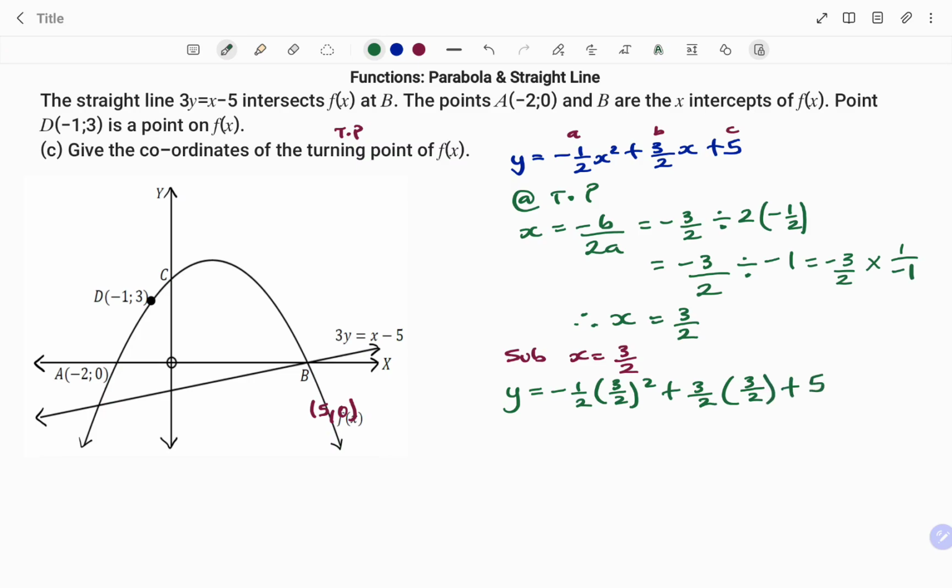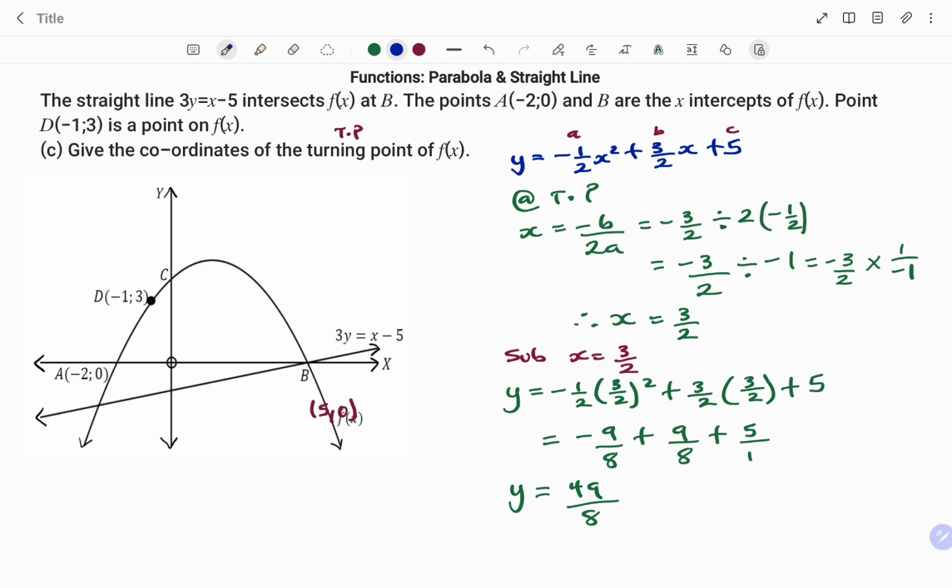We just need to simplify at this stage. So we have that as minus 9 over 8 plus 9 over 8 plus 5 over 1. And if I work that out, I have y equals 49 over 8.